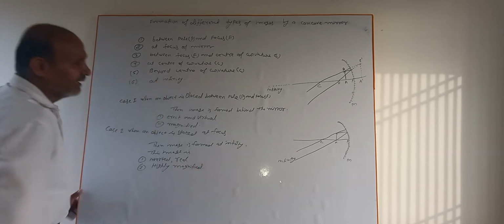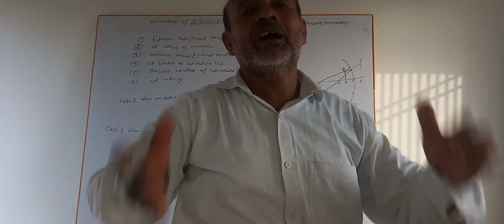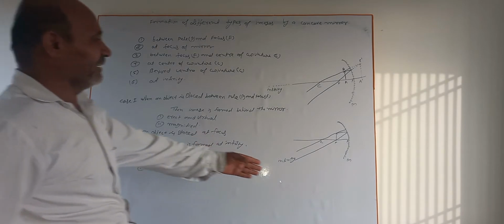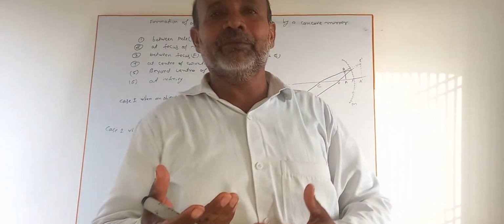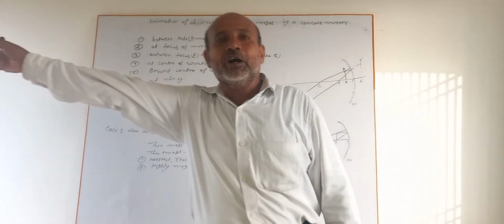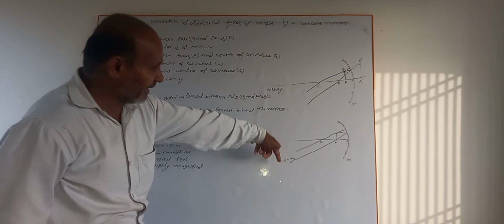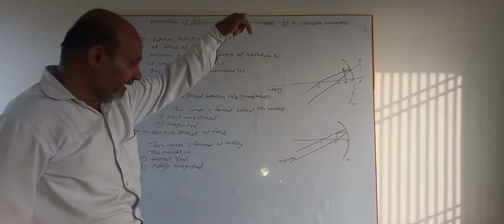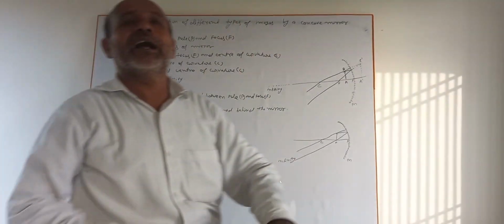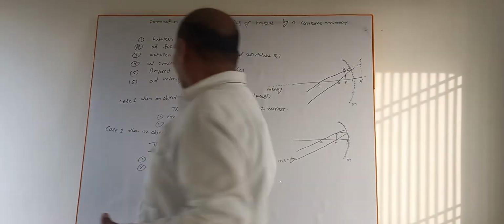It means the image is very much larger than the object. So we can say that when an object is placed at focus of a concave mirror, then the image will form at infinity. This image is inverted. It will form below the principal axis. This image is inverted, real and highly magnified. It means very much larger than the object.